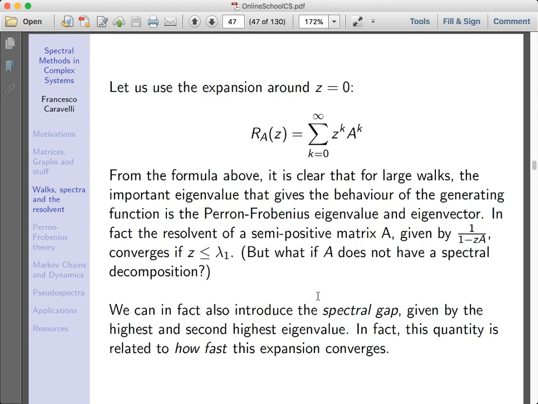So in many ways, the asymptotic behavior of your random walk is connected to the first eigenvalue. And how fast it converges to equilibrium is connected to the ratio between the first and second eigenvalue, or rather to the difference.